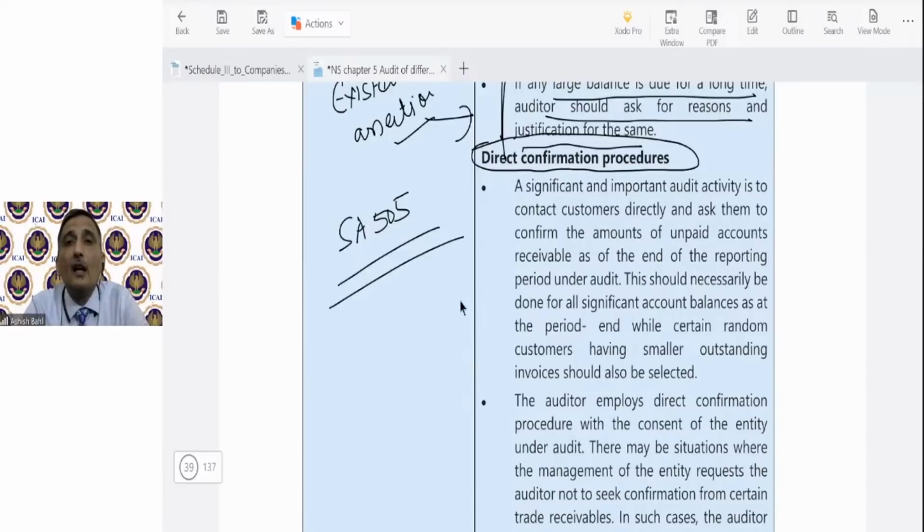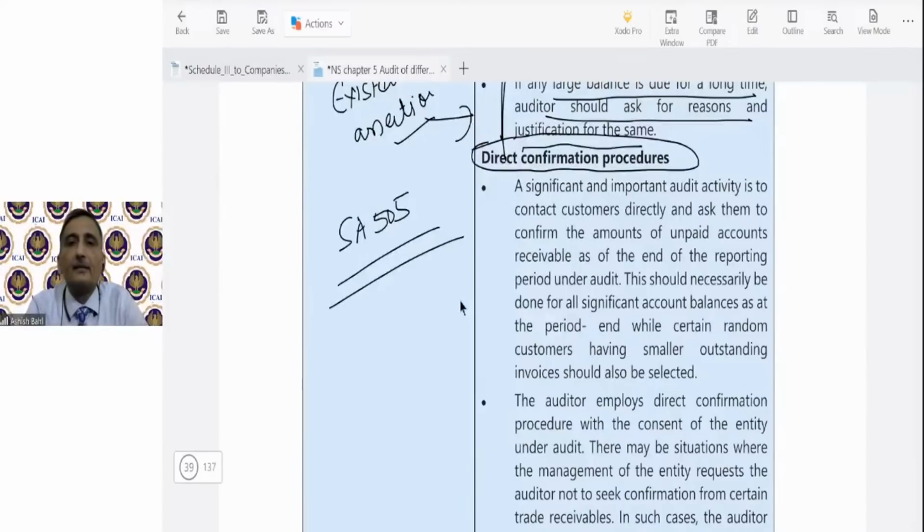So which assertion does this help to verify, students? When the auditor sends an external confirmation request, which kind of assertion is the auditor testing? Yes, students.